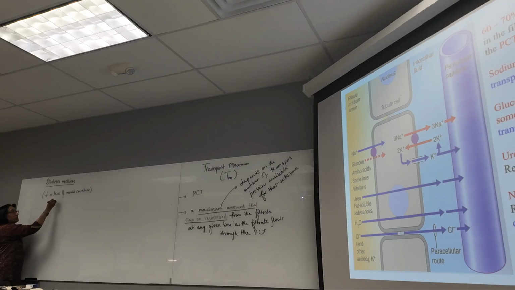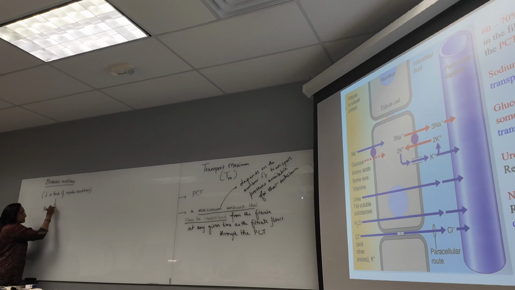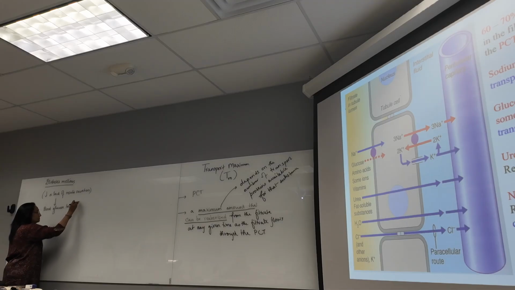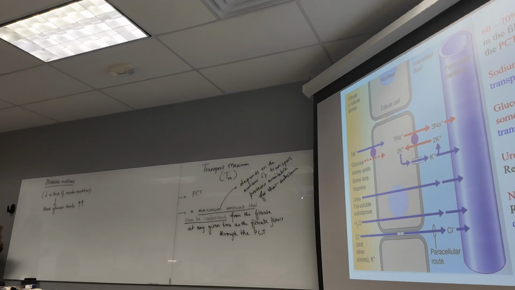And because in this case, what is going to happen? Cells are not able to use the glucose, glucose cannot enter the cells, so blood glucose levels increase. Blood glucose levels increase in a person who's not on any kind of treatment.